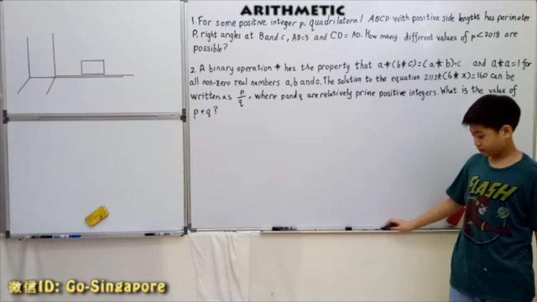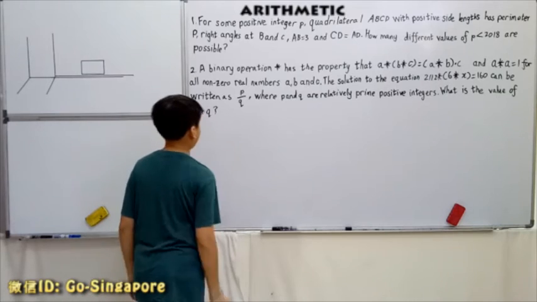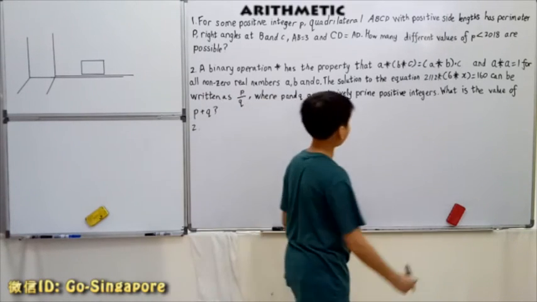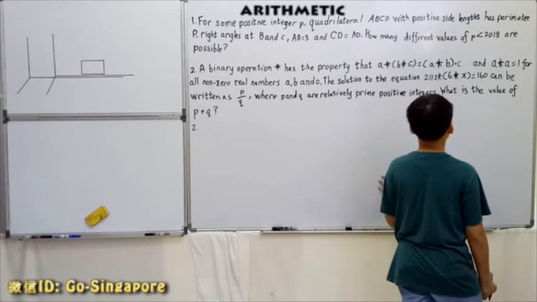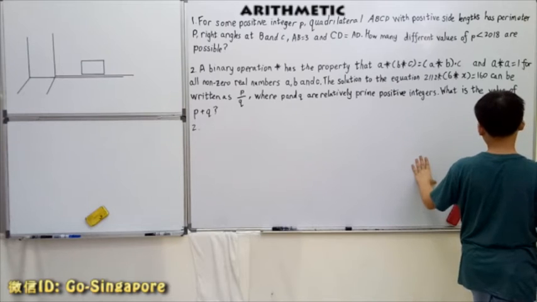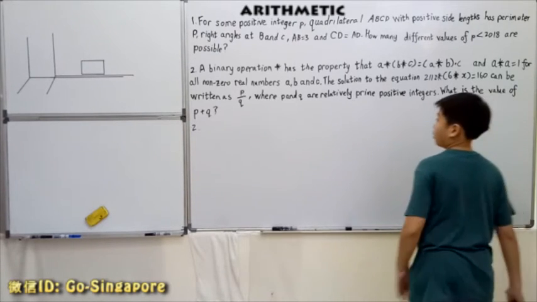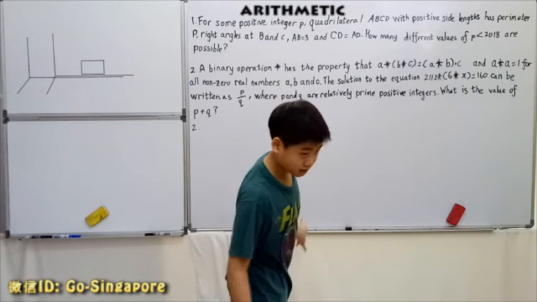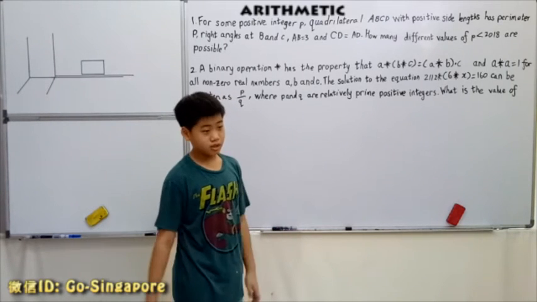So let's see. In this second question, we have a binary operation star that has a property that A star bracket B star C bracket is equal to bracket A star B bracket times C, and A star A is equal to 1 for all non-zero real numbers A, B, and C. That means A, B, and C are all real numbers, and non-zero.